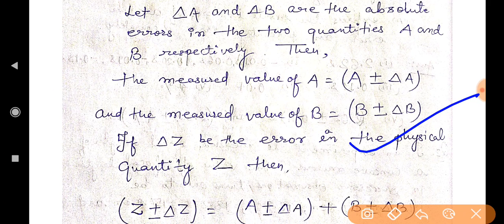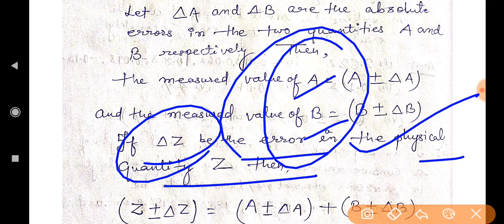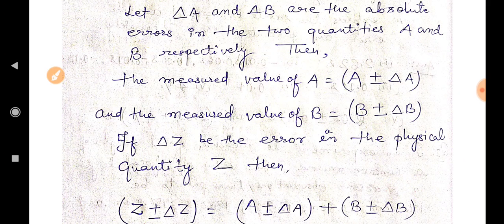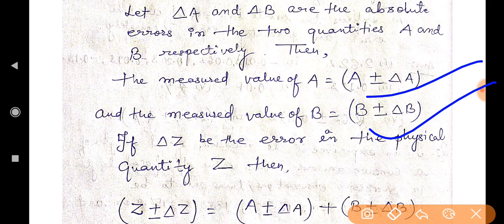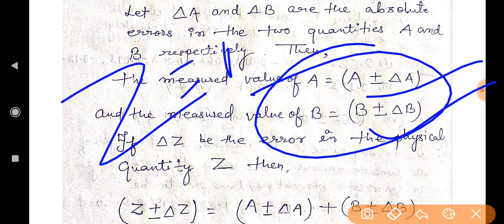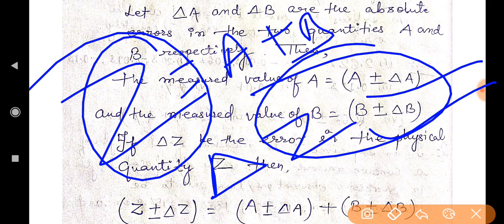So if delta z is the error in physical quantity z, then as you take the sum to get z equals a plus b, z will also have some error given by delta z.